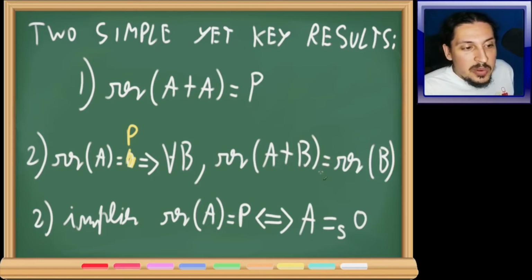Whoever had a winning strategy before still has it. Either P or N player, doesn't matter. Whoever has a winning strategy in B, the same player has a winning strategy in A plus B.